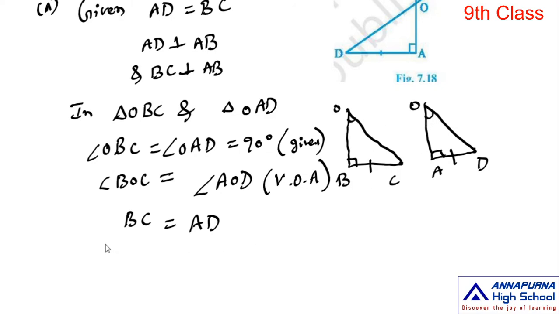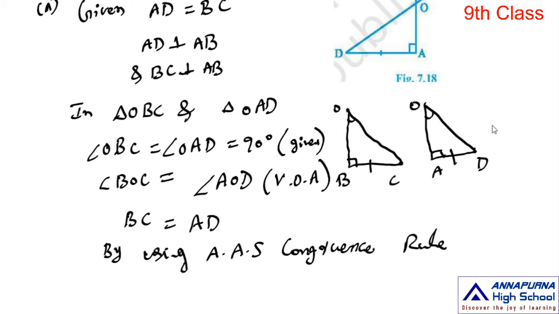So by using the angle side congruence rule, these two triangles are congruent. So triangle OBC is congruent to triangle OAD.